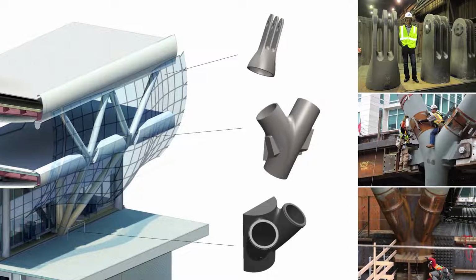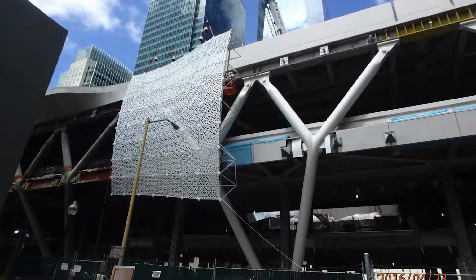And here you can get a sense of the scale of these particular castings. I'm not a particularly tall person, but that's still a big casting at the top there. And here you can see it, and you all watched it as it was coming together in your city.